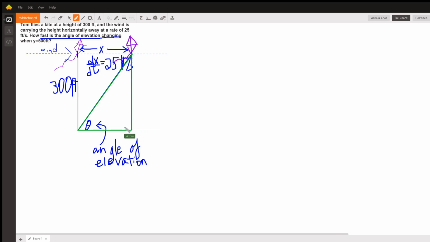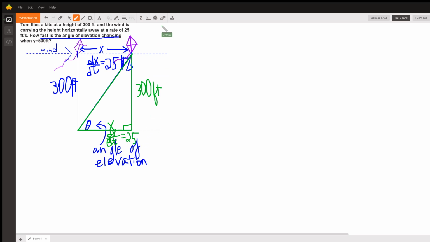It's a right triangle. This is a rectangle, so the height is still 300 feet along the vertical. And this is still x, the horizontal, and we still have that dx/dt is 25. Only now this green triangle is the picture that we're using.